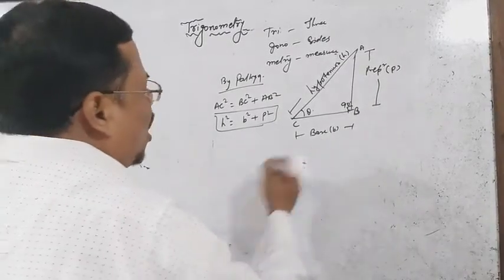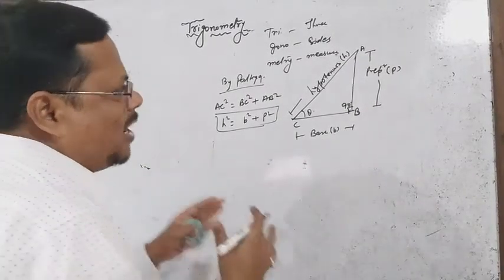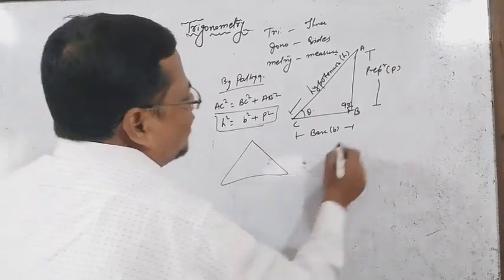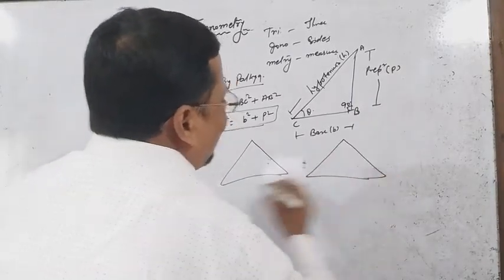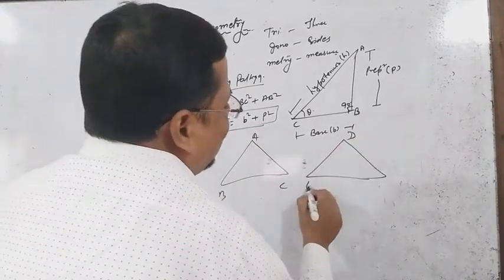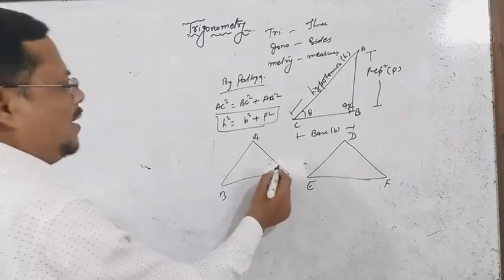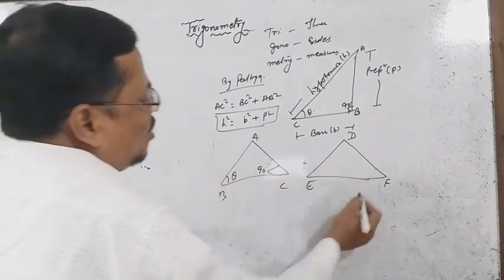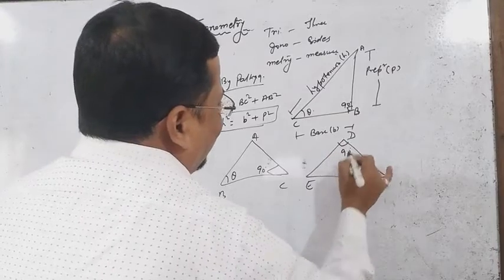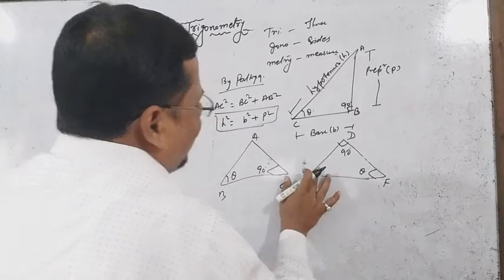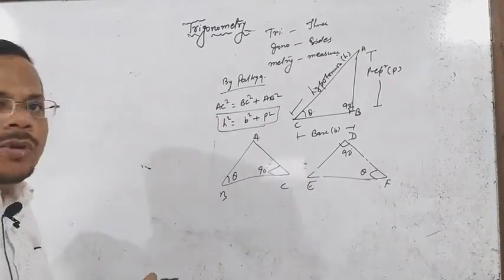Next, how to find the hypotenuse, base and perpendicular in different triangles. For example, triangle DEF, where C is given 90 degrees, and D is also 90 degrees, and theta is given here. Then find the hypotenuse, perpendicular and base.